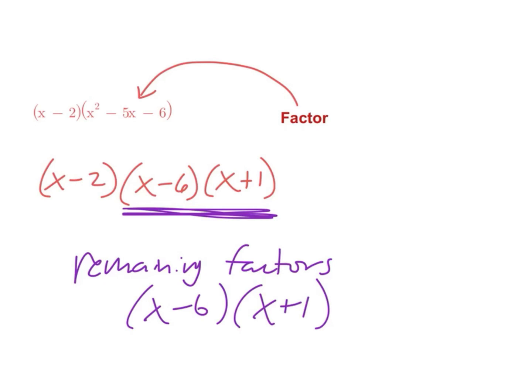The remaining factors are x minus 6 and x plus 1. Now, if the problem said list all the factors, I'd have the x minus 2 there too. But it didn't. It asked for the remaining factors outside of the x minus 2. So be very careful with what the directions say and make sure that you are answering those properly. Okay?